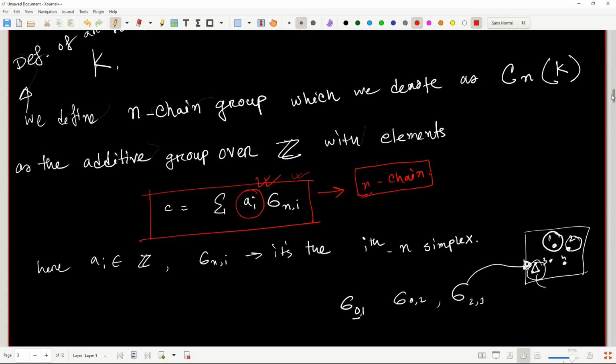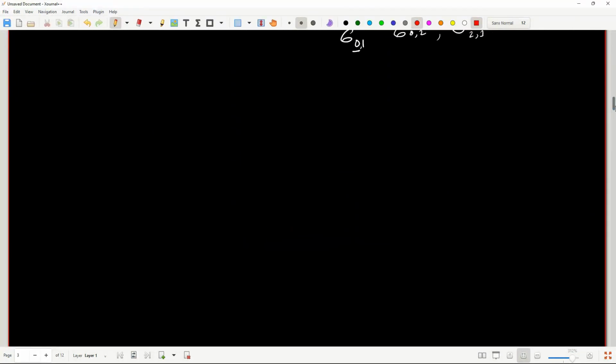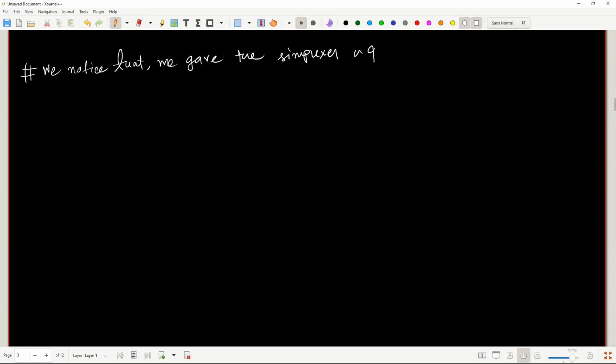And we want to introduce another tool that is pretty interesting, and it's called the boundary operator. So now we notice that we gave the simplexes a group structure, which is just an additive group.